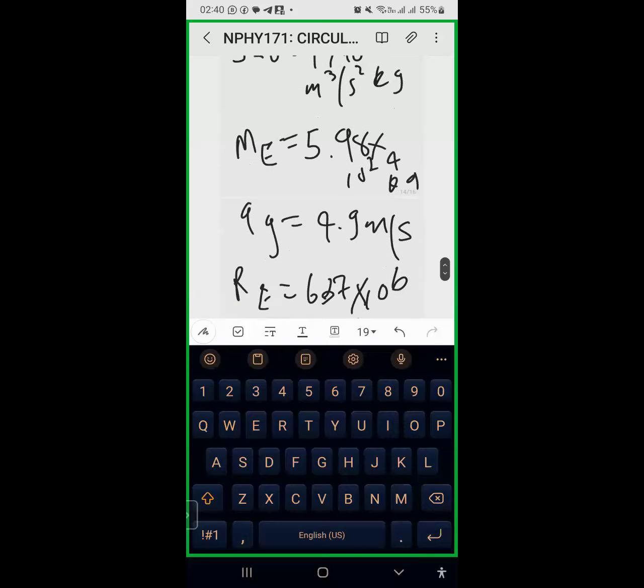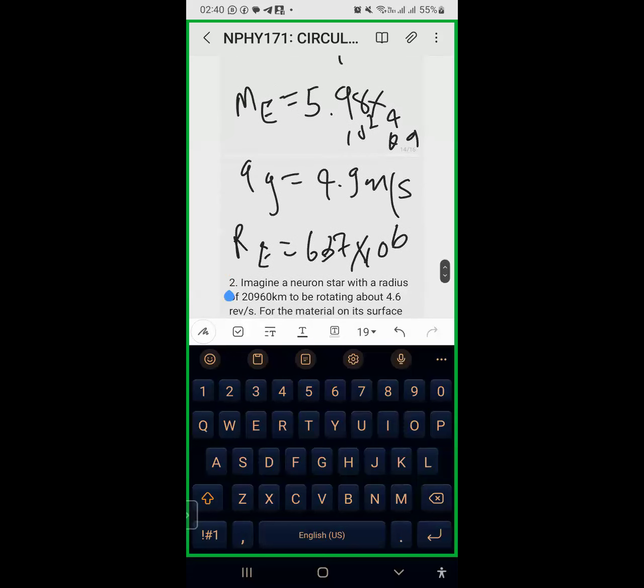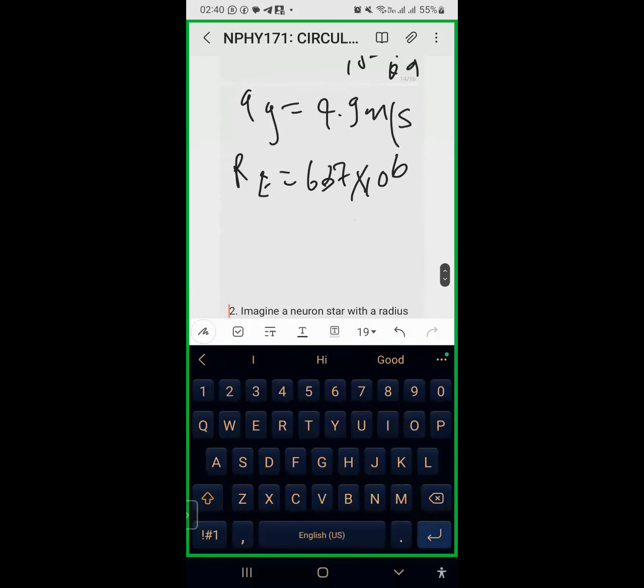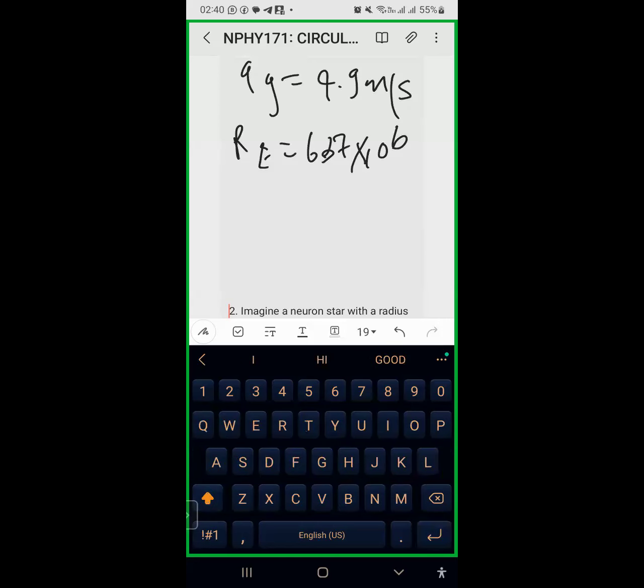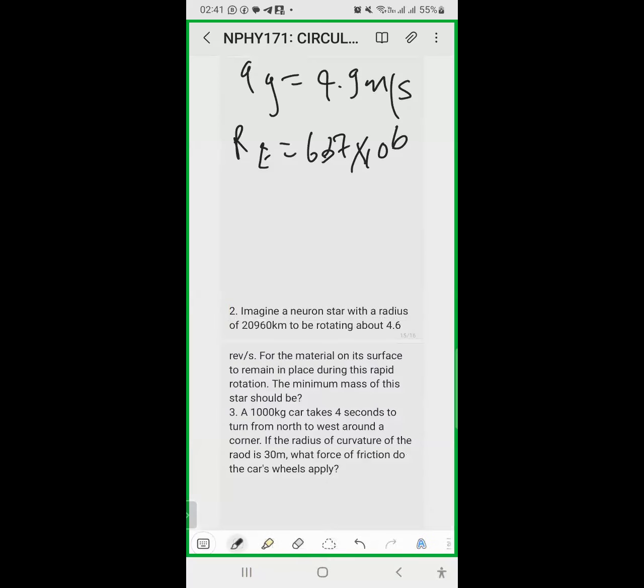So you're going to substitute all these values in that equation, and you're going to get that your altitude, the height above the Earth's surface, is 2.65 times 10 to the exponent 6 meters. So the altitude is 2.65 times 10 to the exponent 6 meters at a gravitational acceleration of 4.9 meters per second squared. So now we are done with that question.